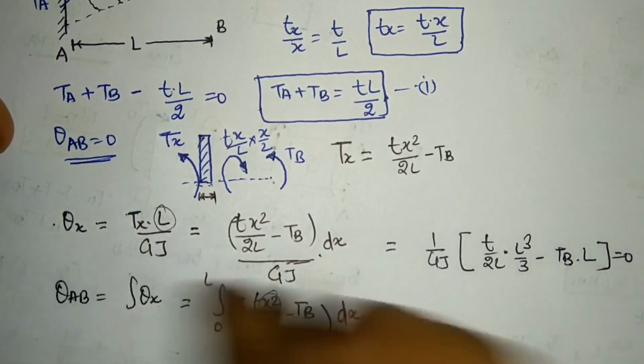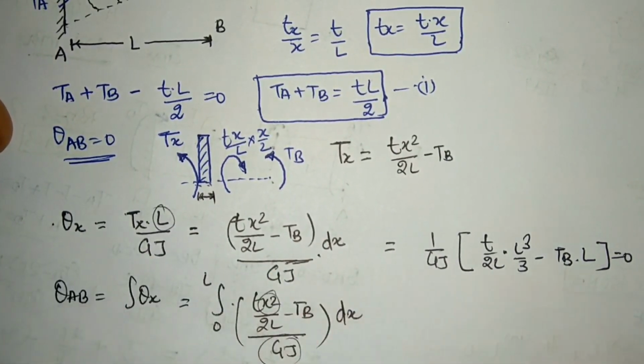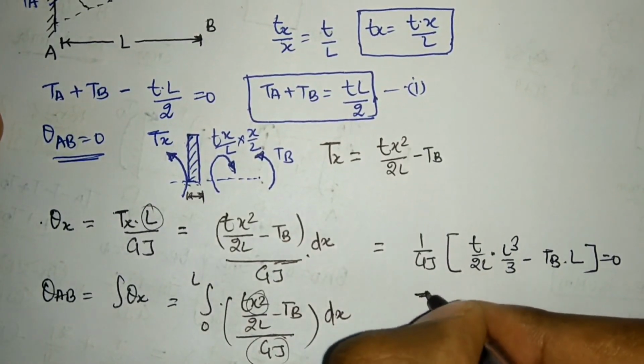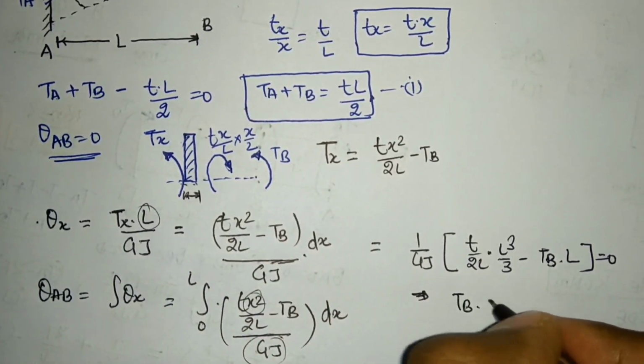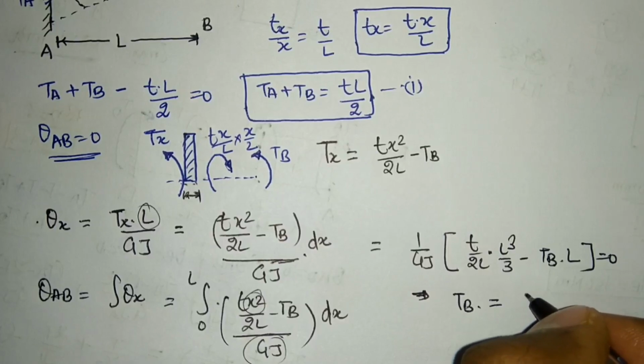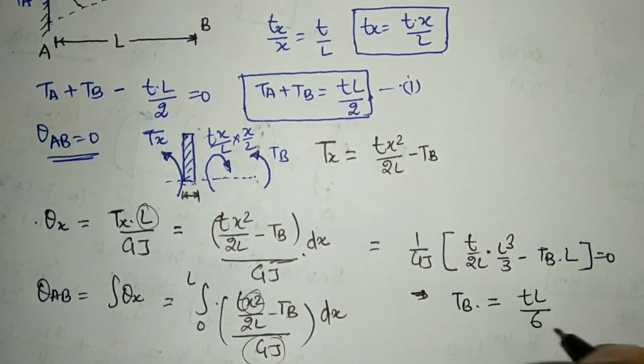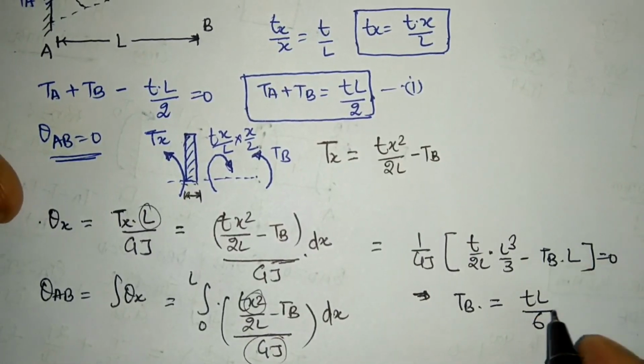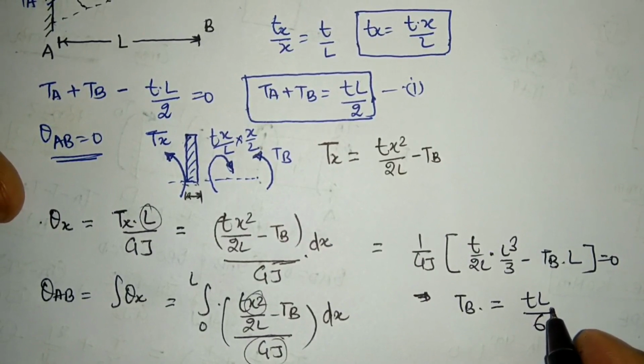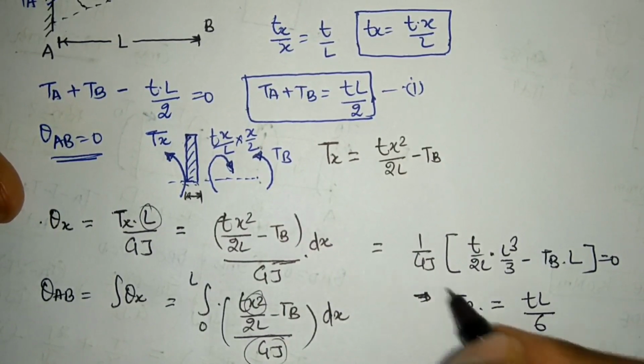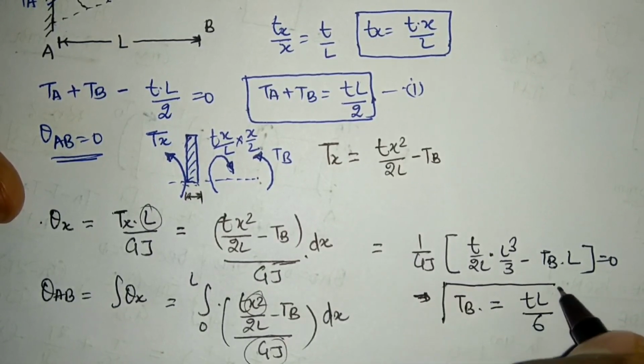Net theta has to be 0 from point A to point B. So this will give me TB equal to how much? TL divided by 6. The TB value is coming out to be TL divided by 6 over here.